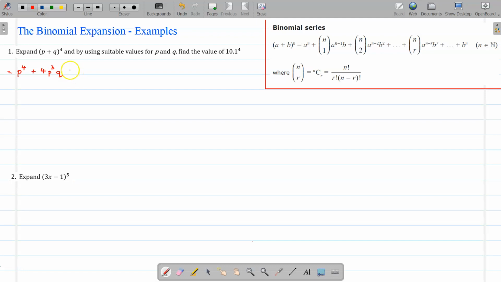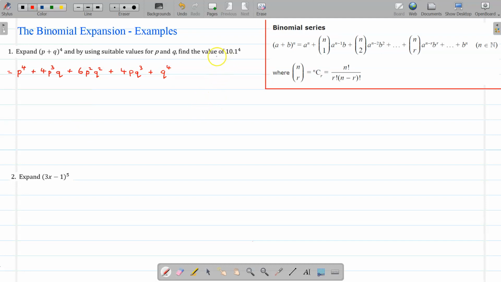Then 4c2 gives us 6, and that's 6p squared q squared. Then we have 4c3, which is 4p times q cubed. And finally, we just have one lot of q to the power 4. So that's the expansion of p plus q to the 4.